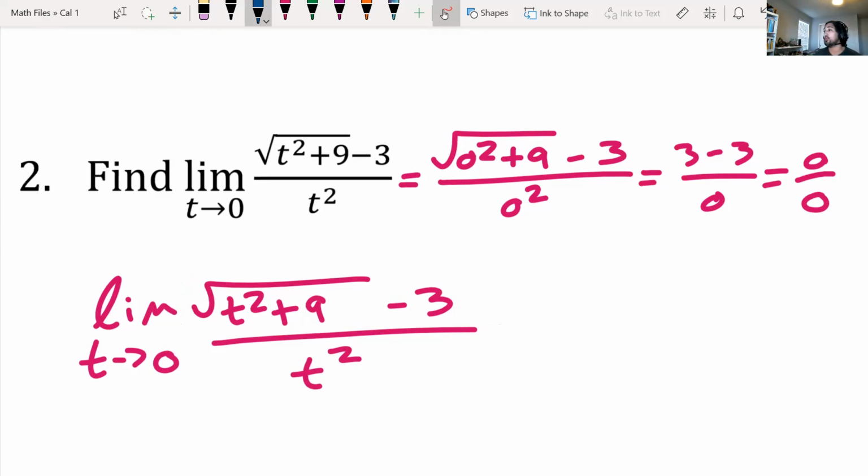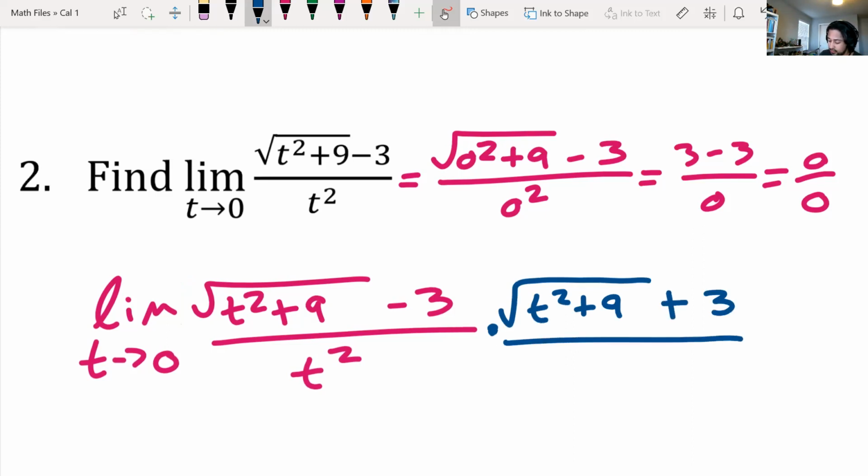Okay. So we said multiply by the conjugate of the numerator. So remember, conjugation falls under rationalization. So you can rationalize the denominator, and as well you can rationalize a numerator. So what we're going to do is multiply by the conjugate of the numerator, which is going to be the square root of t squared plus 9 plus 3 over the square root of t squared plus 9 plus 3.